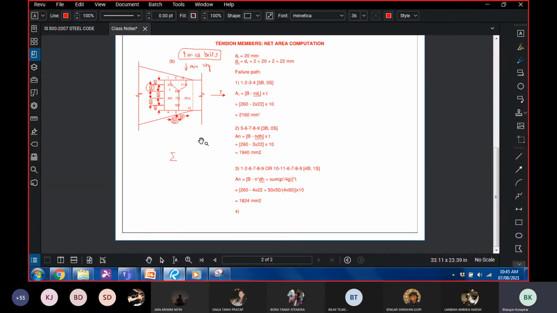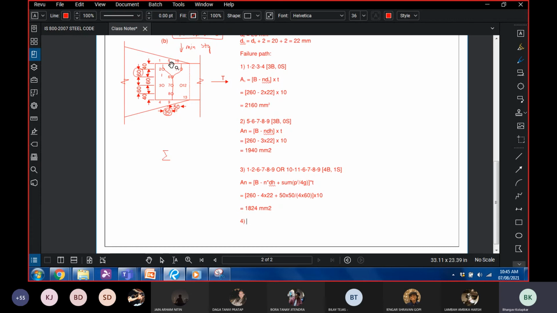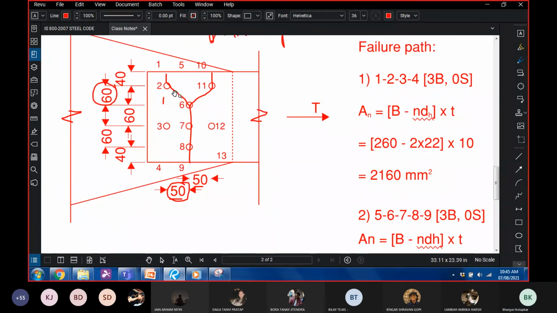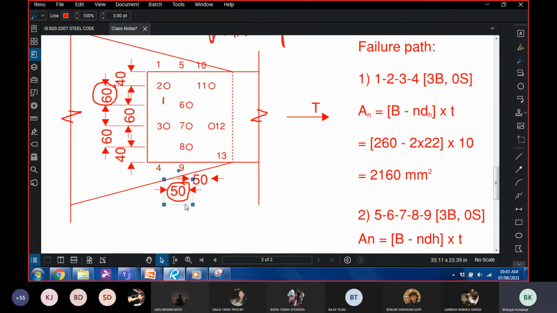Okay. Next possible failure path. 2, 3, 7, 8. It cannot start from 2, it can start from 1, 5, or 10. 1, 2, 3, 7, 8, 9.